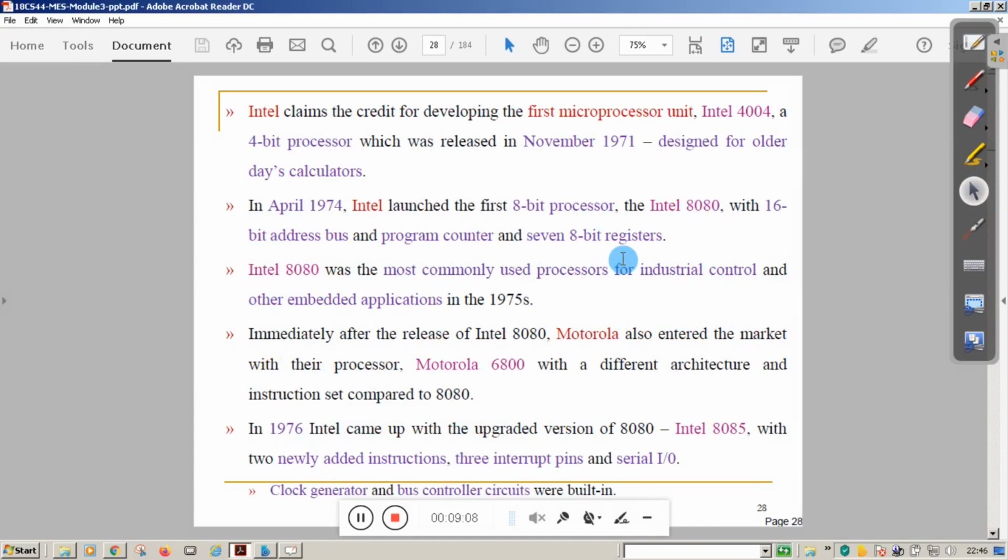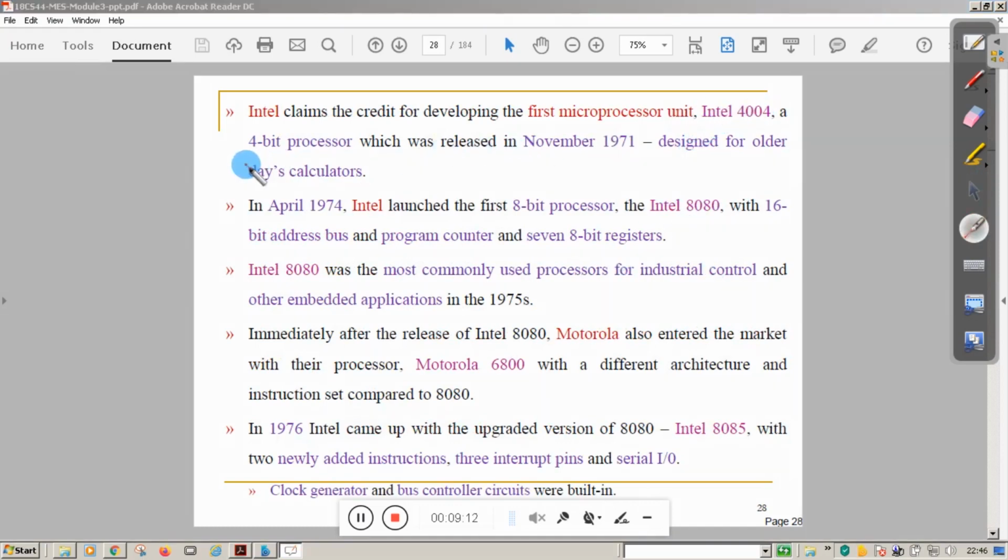The first CPU was from Intel, the 4004, which was a 4-bit microprocessor developed in 1971. Intel 8080 came into the market in the year 1975. At the meantime, Motorola developed something called 6800, with different instruction architecture compared to Intel.